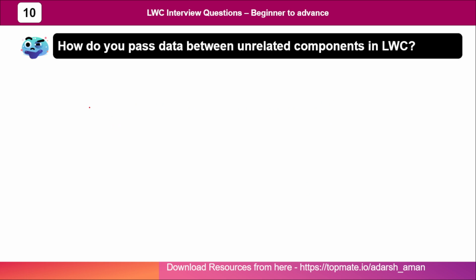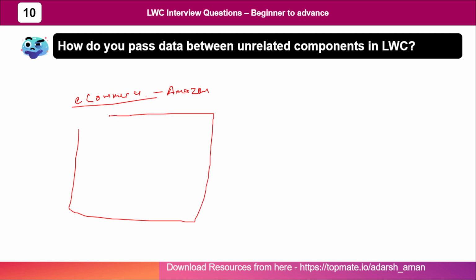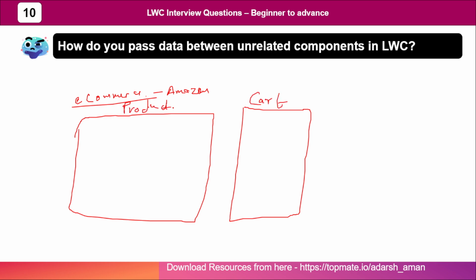Let's say you have an e-commerce site, right? Let's say for example Amazon. So on Amazon, let's say there is one LWC component here on the same page, and there is another LWC component here. So this will be the cart, and this would be the products, right? So it has many products, 1, 2, 3, 4.